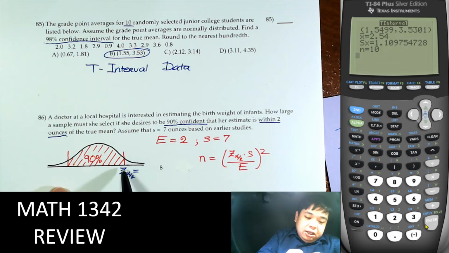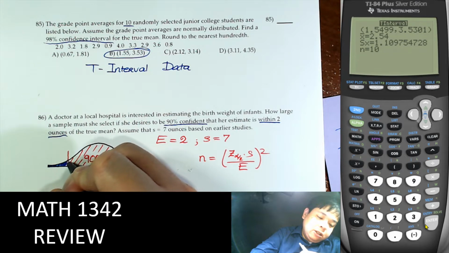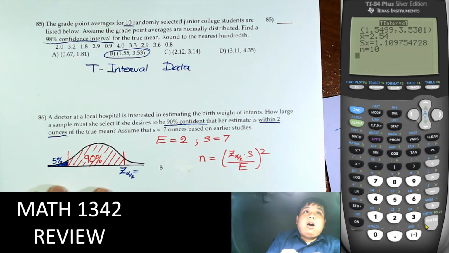If 90 is in the middle, 10% is on the tails, and then it will be 5% on the left tail here.